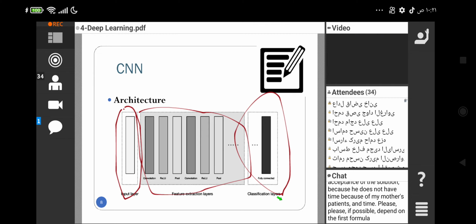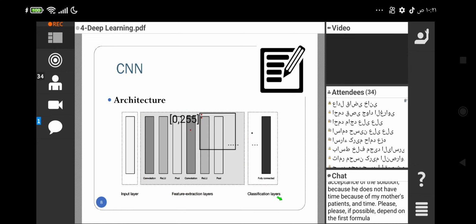So in the CNN architecture we have two main parts: the feature extraction layers and the classification layers.